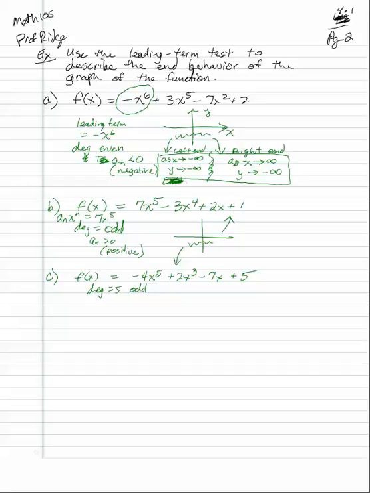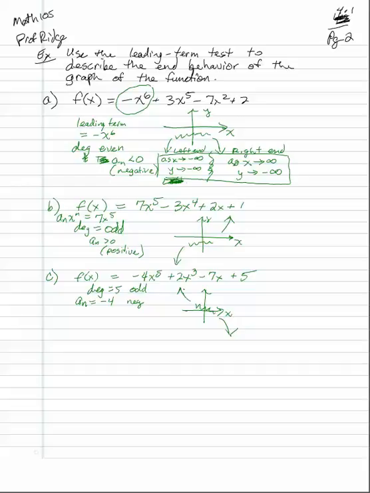The leading coefficient is negative 4, which is negative. So that flip-flops from the one we just did. So the ends are doing, the left end is going up. And again, we don't know what's happening in the middle, and the right end is going down. Okay? So that's all there is to it.